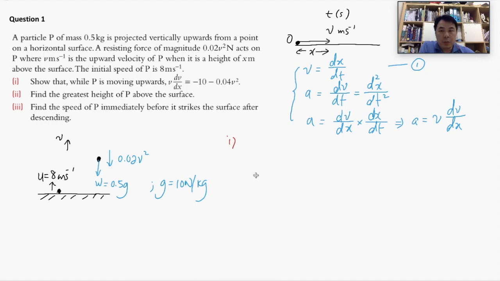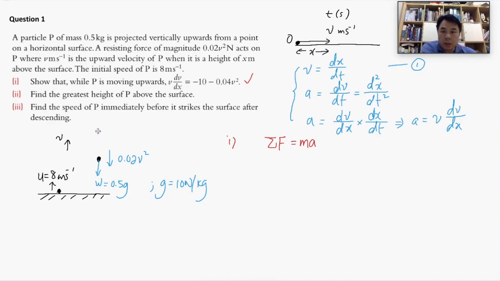Show that while P is moving upwards, v satisfies this differential equation. To do that, we have to revisit Newton's second law, which states that the resultant force is directly proportional to its linear acceleration.